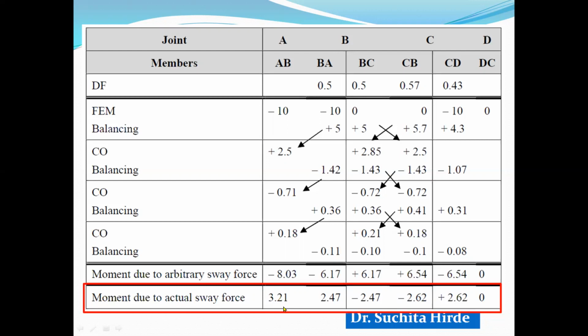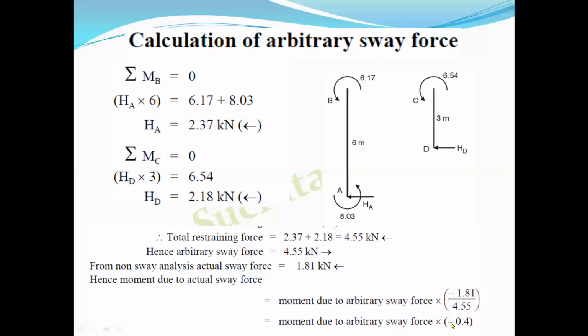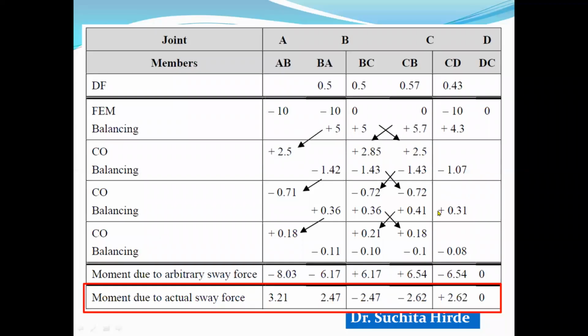Just now we have calculated the ratio, that is actual sway force divided by arbitrary sway force is equal to minus 0.4, because the direction is opposite. So we have to multiply all the values by minus 0.4 to get the moments due to actual sway. So if you multiply all the moments in stage 2 analysis by minus 0.4, you will get the moments due to actual sway force. So these are the moments due to actual sway force.